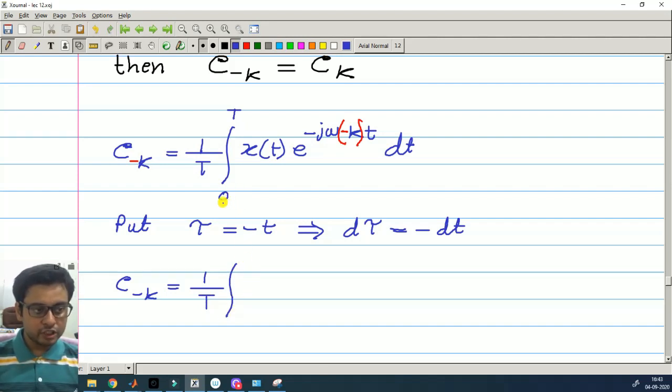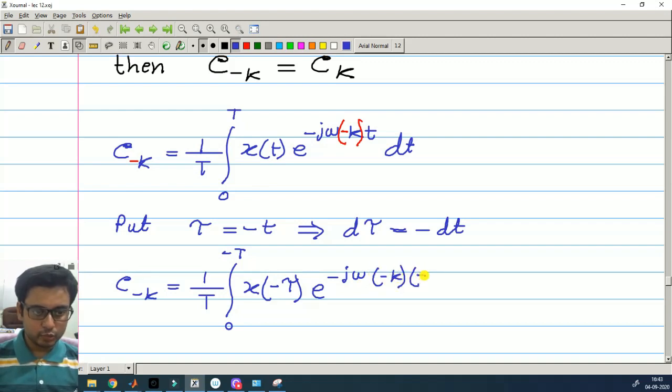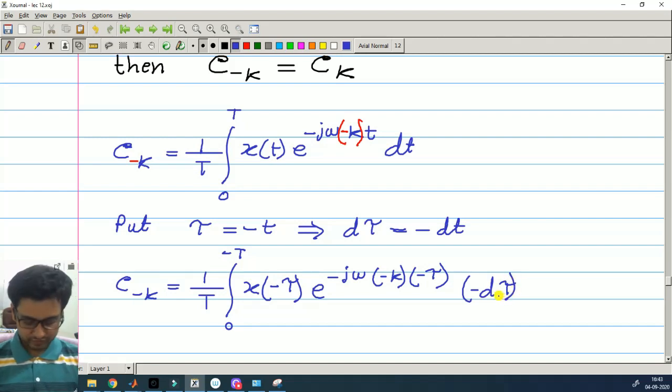The limit will change, will become tau equal to 0 to minus T. In place of t put minus tau in x, and e to the power minus j omega minus k, then put minus tau. In place of dt put minus d tau.